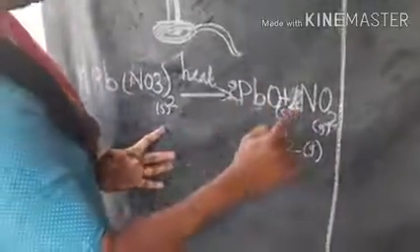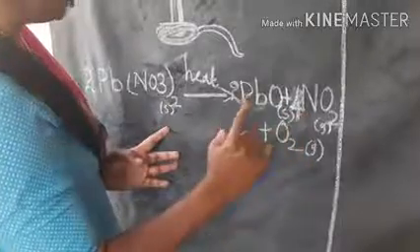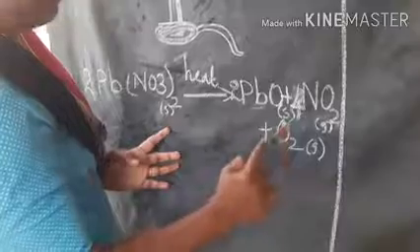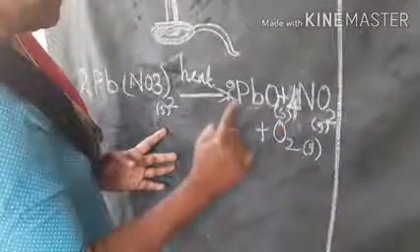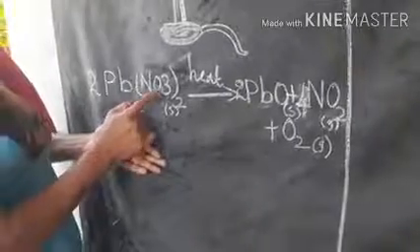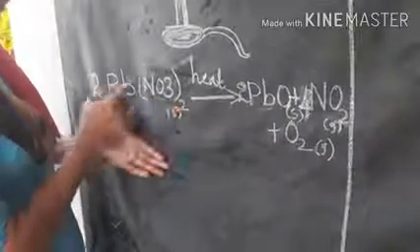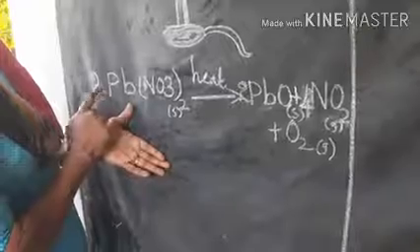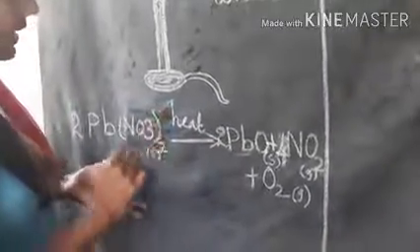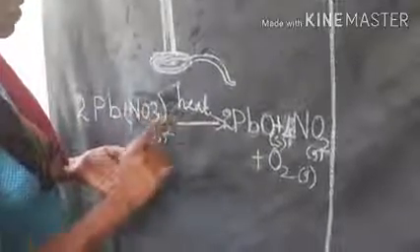Okay, lead and nitrogen is balanced. What about oxygen? Let us see. 4 into 2, 8. Plus 2, 10. And here 2, 12. Now let us see here oxygen. 3 into 2, 6. 6 into 2, 12. Now it is balanced. Okay. This is the way you have to balance the equation.